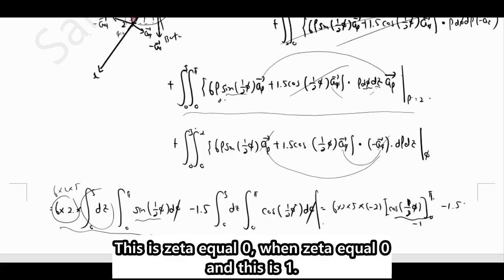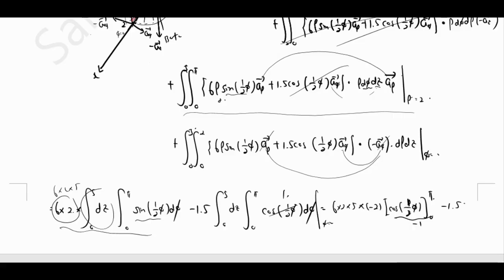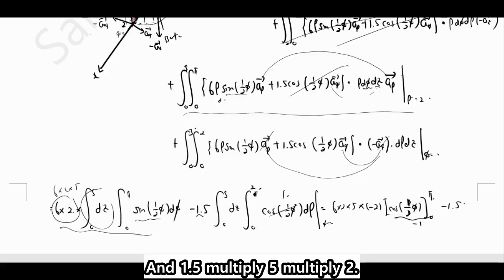This is phi equals 0, and this is 1. And this is d rho, 2. And 1.5 times 5 times 2.